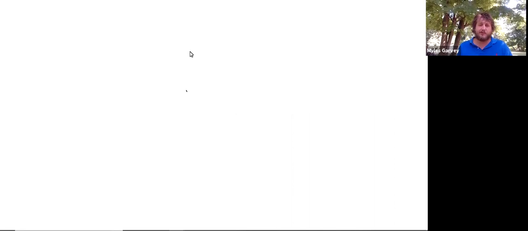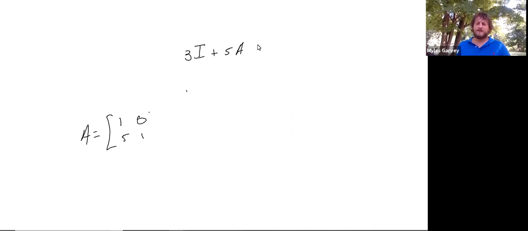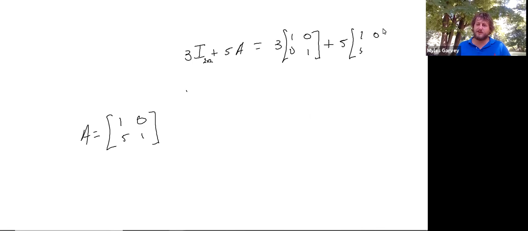So, for example, suppose I had 3 times the identity matrix plus 5 times the matrix A, where the matrix A is, let's say, equal to [1, 0; 5, 1]. Then this is the same as, sometimes you'll see this, 3 times [1, 0; 0, 1] plus 5 times [1, 0; 5, 1].